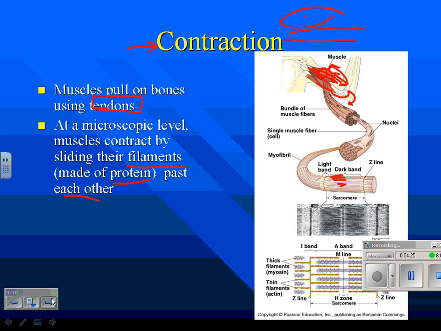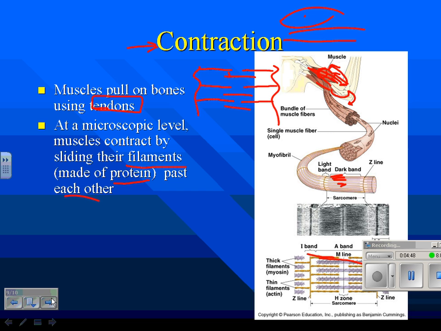So if you could see it at a really small microscopic level, it's made up of these little fibers like this, that when the muscle contracts, those fibers sort of, I guess I'll just draw it here a second. If this is what it looks like at rest, you have fiber, fiber, fiber, fiber, fiber, fiber, okay?